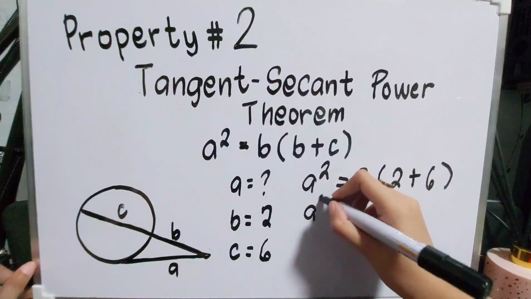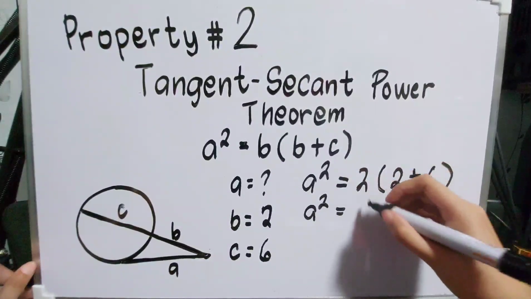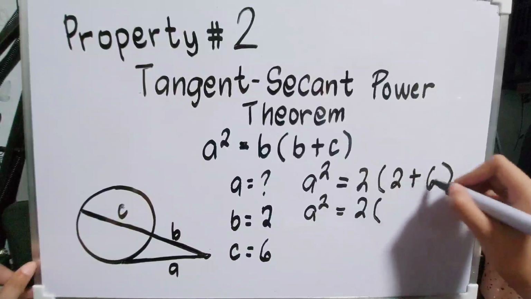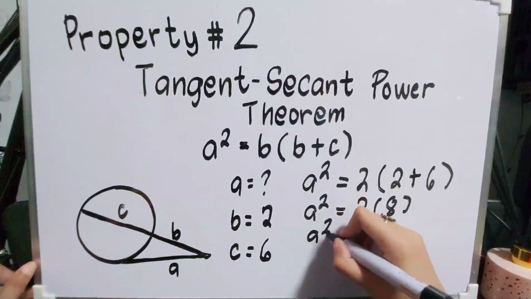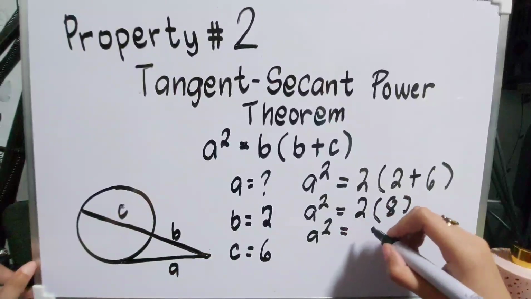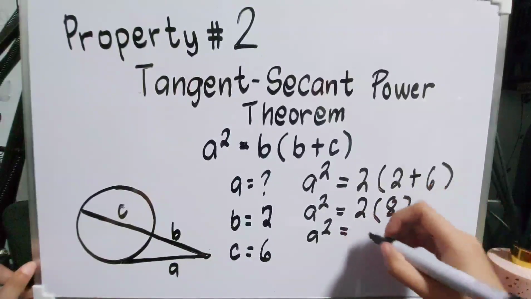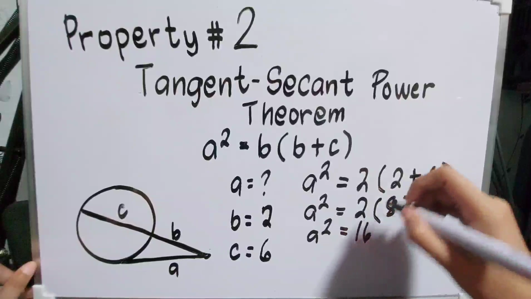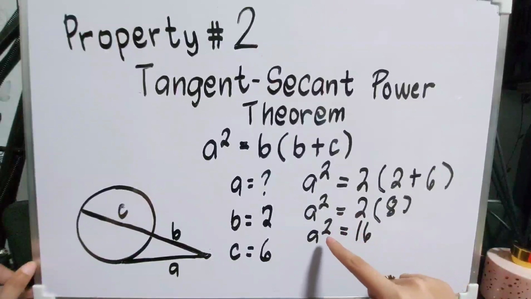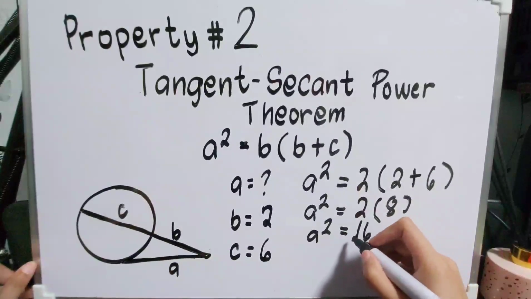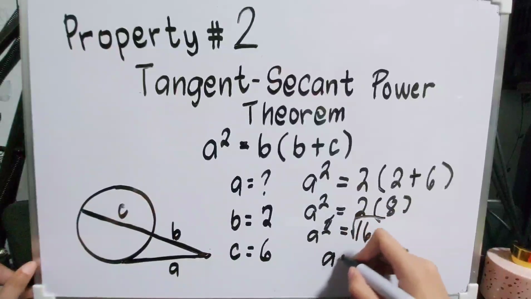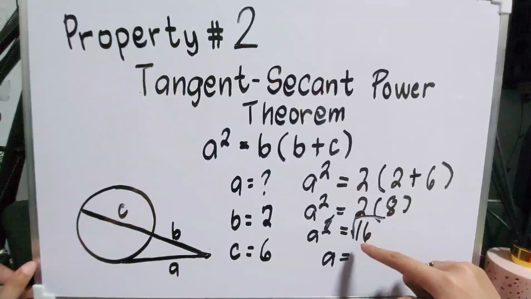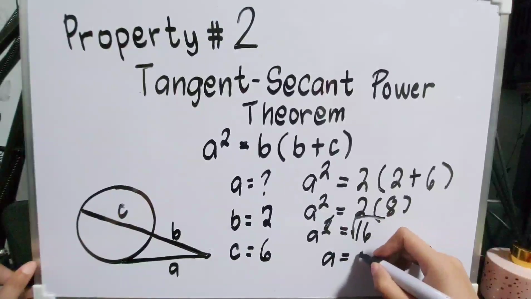So, A squared is equal to 2 times 2 plus 6, 8. A squared is equal to 8 times 2 is 16. So, to cancel the square, we will get the square root of 16. So, A is equal to the square root of 16, which is 4.